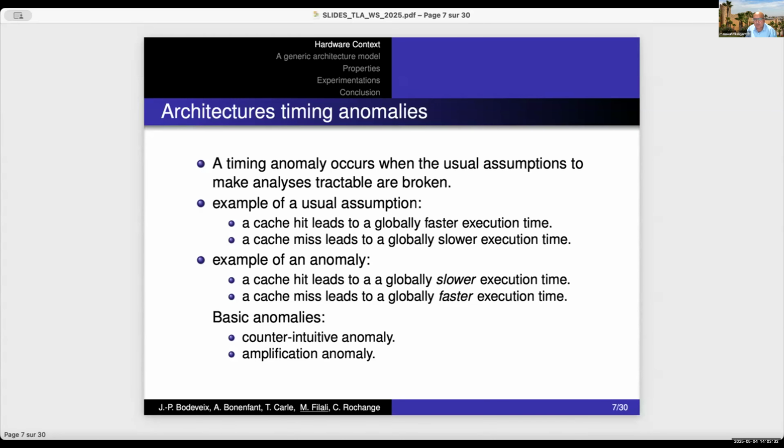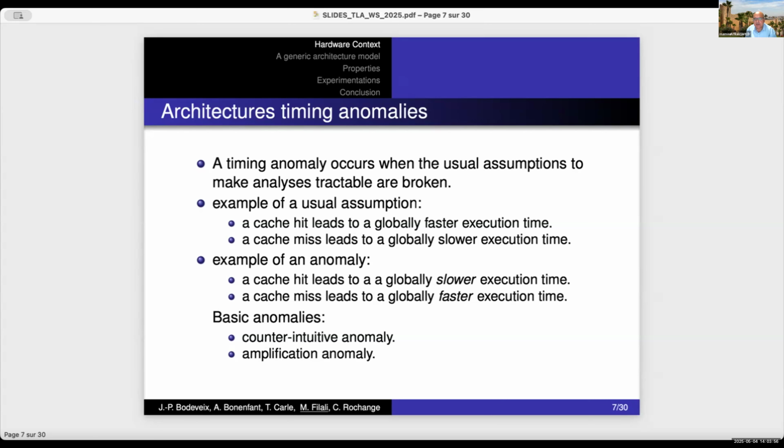An example of a usual assumption is that if an instruction makes a cache hit, then we expect to have a globally faster execution time. And if an instruction makes a cache miss, we expect to have a globally slower execution time.